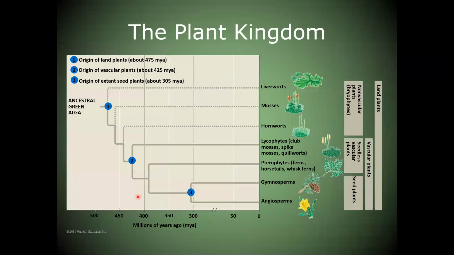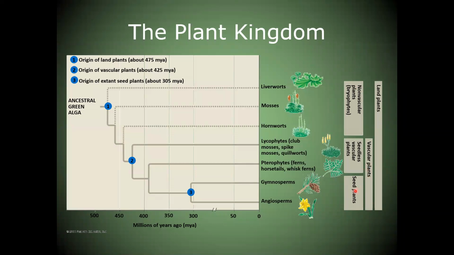All right. Moving on, this is a very similar phylogenetic tree. The purpose of showing that is for you to understand that seed plants are also vascular plants. Look at this particular category over here, and they are also part of the land plant lineage. They are part of the vascular plant lineage.